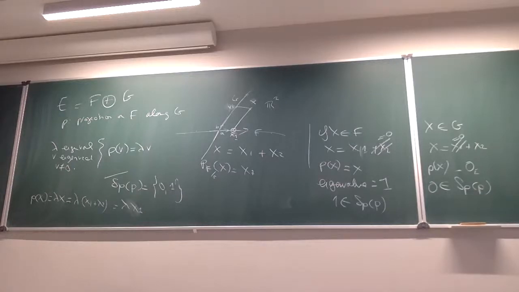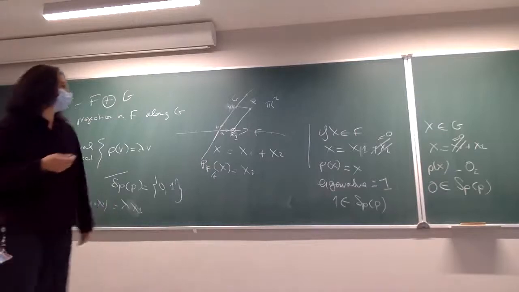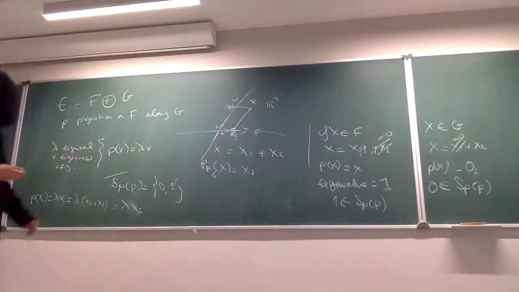So how can we prove that we can't have some value that is different from 1? We've already proved anyway that it was equal to 1. Oh, no, yes, of course. If we've got an eigenvalue, it satisfies that.